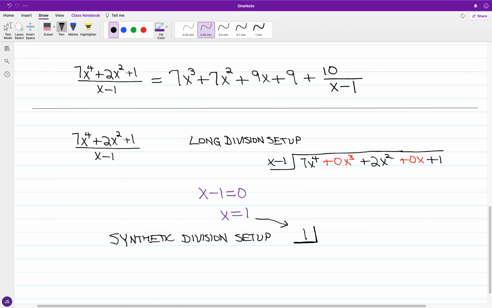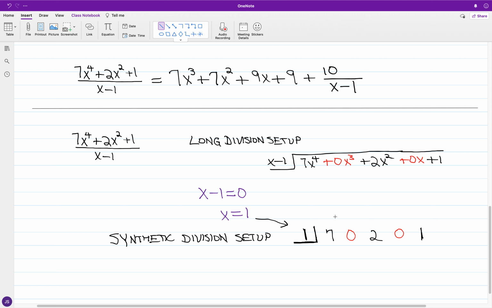So the 0 of x minus 1 is boxed in, and on the other side of the barrier we have the coefficients of the dividend. I have 7 for 7x to the 4th, and 0 for the missing cubic term. Then I have 2 for 2x squared, and another 0 for the missing first degree x term. And you want the dividend to close out with a constant, so we have 1.